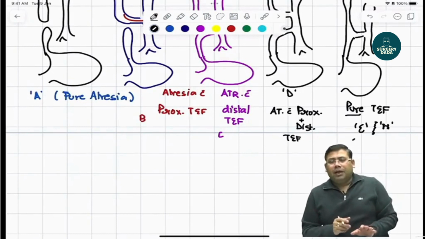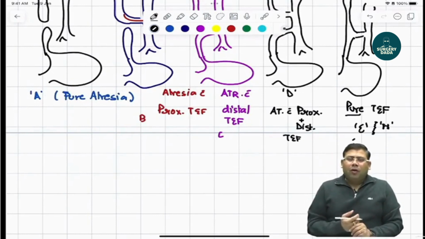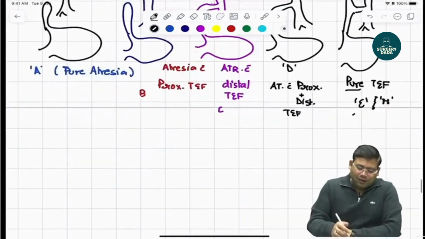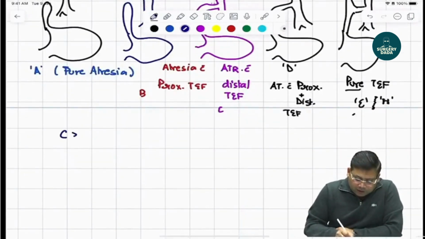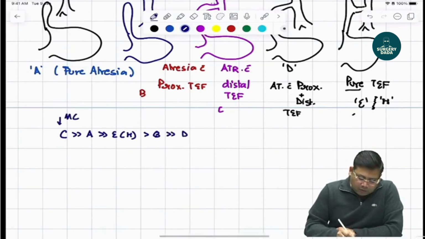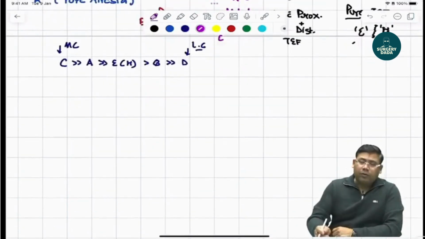We had the Vogt classification, we have a lot of different classifications. I'm not going into that, just understand the basic types. Type C is the most common according to incidence, then we have type A, then type E or type H, then type B, and the least common is type D. This is very important.